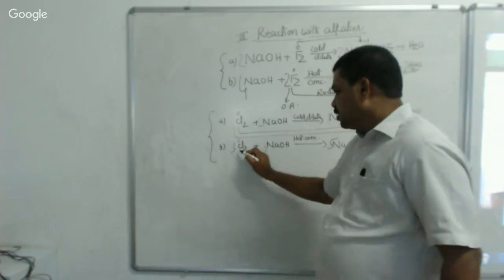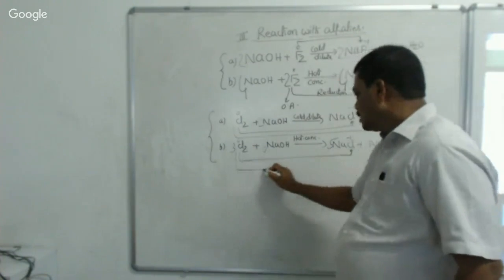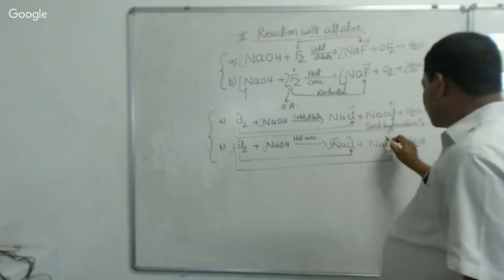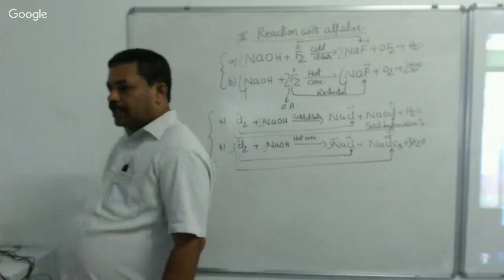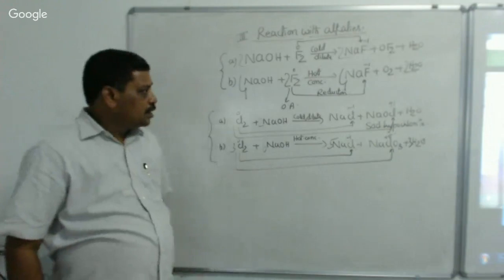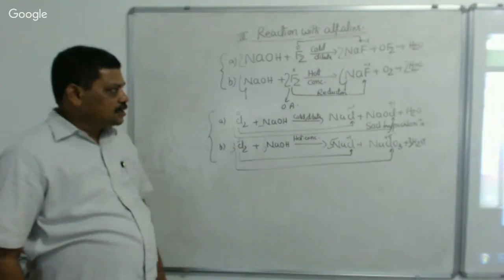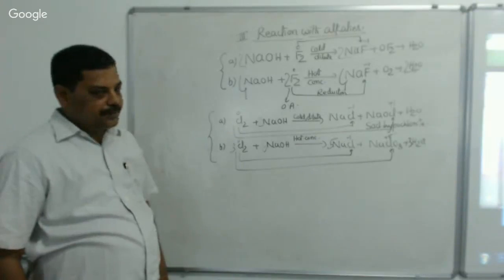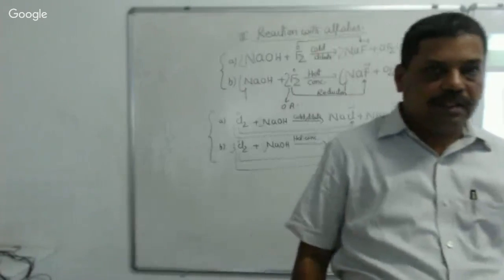Here also it is 0 to -1 and 0 to +5. Chlorine is undergoing disproportionation, but fluorine always undergoes reduction. It always acts as an oxidizing agent.